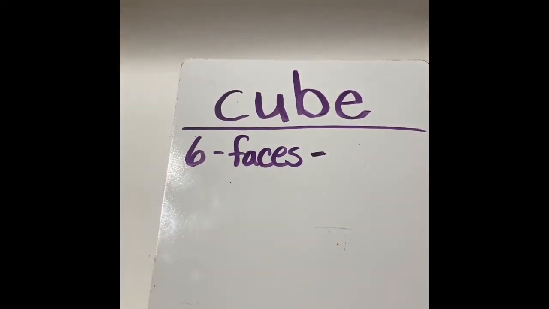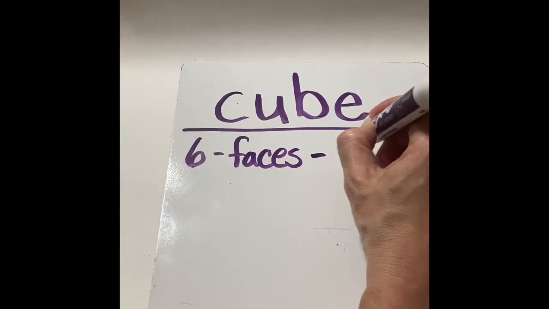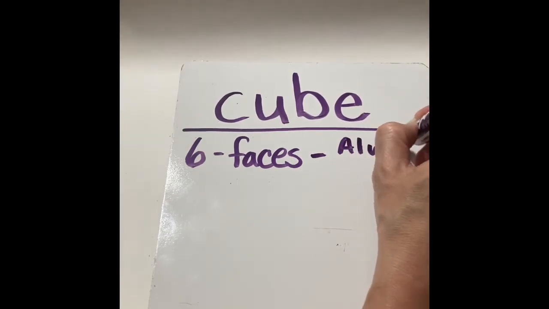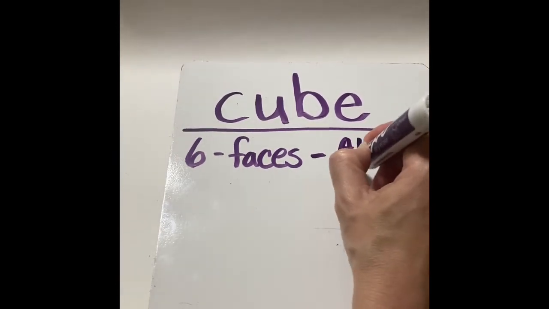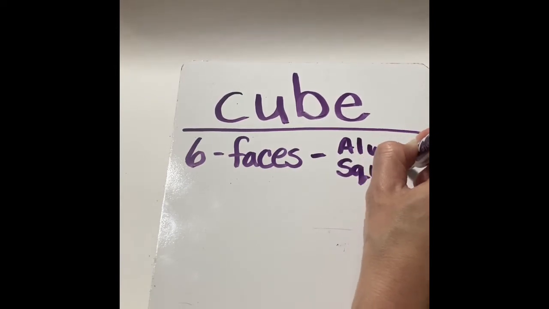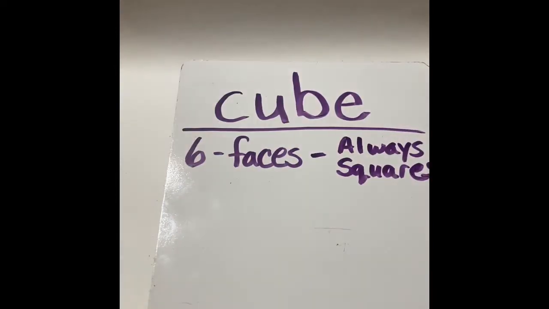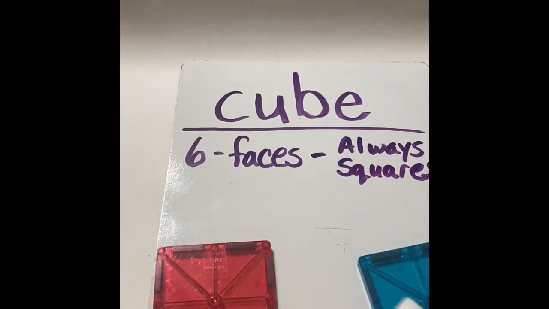And in a cube, the faces are always squares. So here's an example of that. I have some squares here.